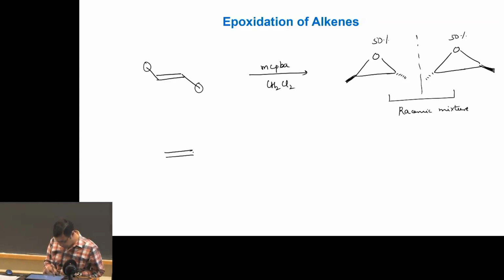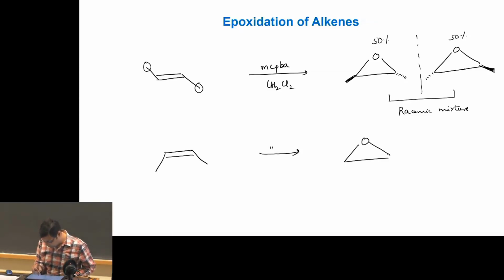If you start with an alkene that had the groups cis, you perform epoxidation, the groups will remain cis. And if you take a look at this compound, you have two chiral centers, which means carbons attached to 4 different groups. However, you have a plane of symmetry. So this is a meso compound.